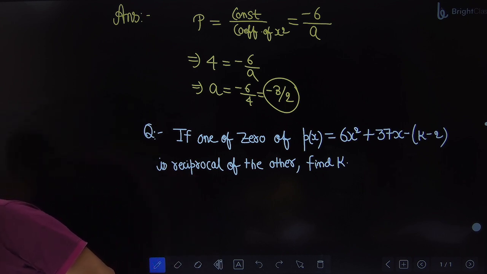So this time roots are what? Reciprocal of each other.